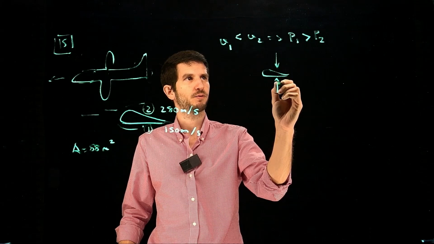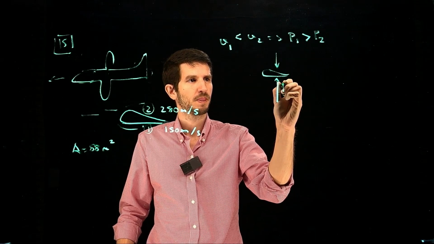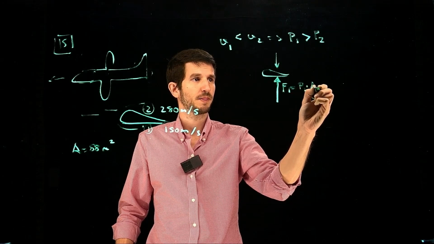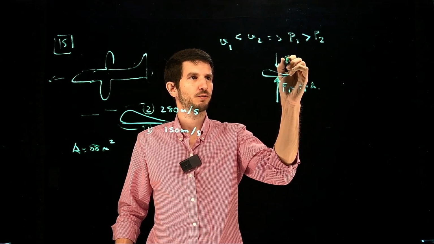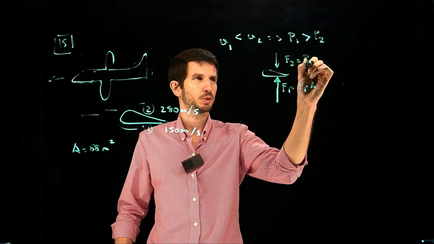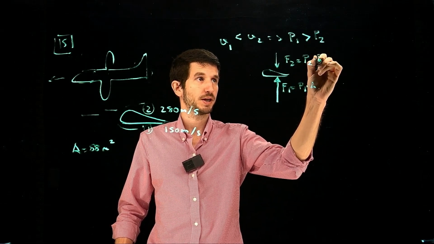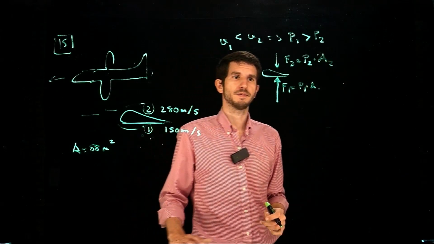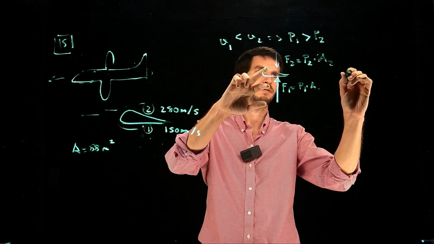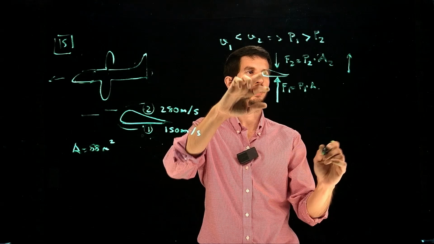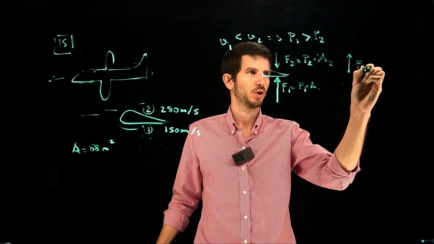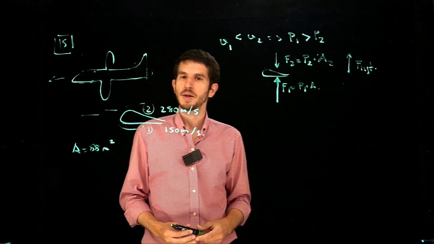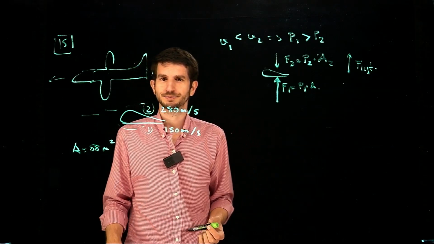Force 1 is going to be pressure 1 times area 1, which is going to be larger than force 2, which is pressure 2 times area 2. The area we can assume is the same, let's say, right? And so I'm going to have a net force there, and that's going to be the force of lift. The airplane is going to be able to stay there. Very good. So how do we calculate that?